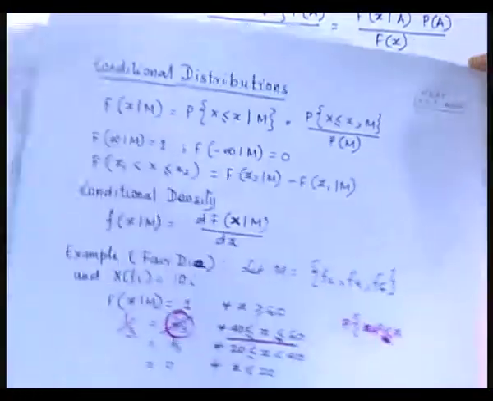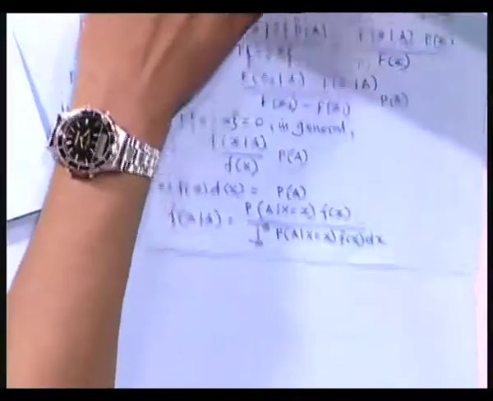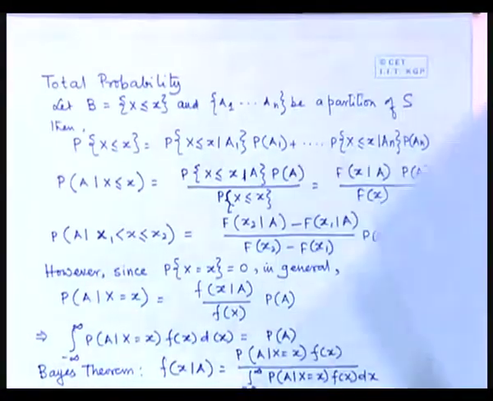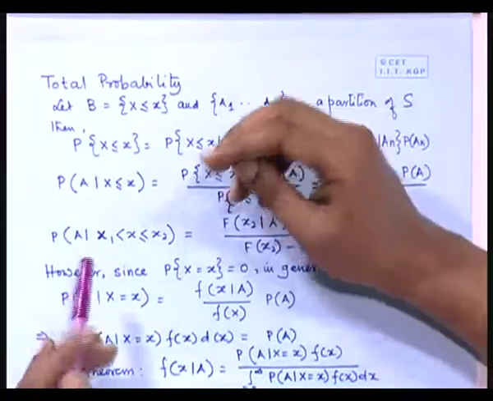So now we can define the other things, that is total probability, and we had ended the last class with total probability and Bayes theorem. So we can also define now the total probability theorem and the Bayes theorem in terms of random variables. Previously we had defined in terms of events, okay.